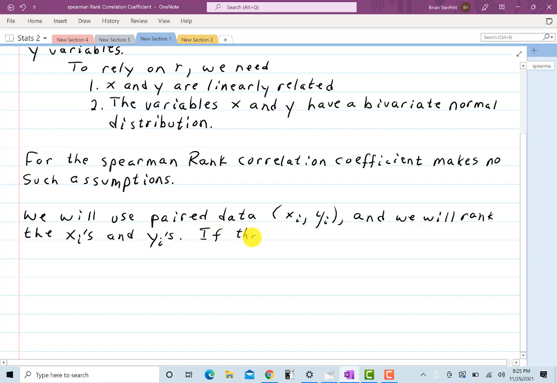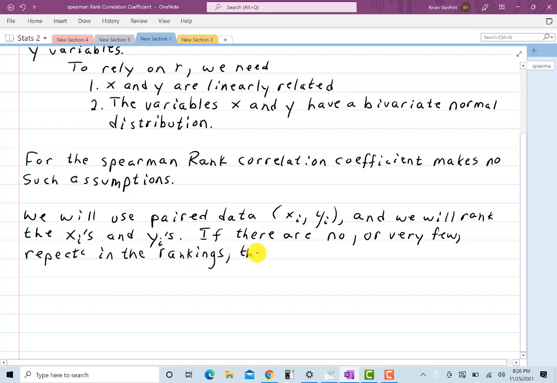If there are no or very few repeats in the rankings, then we use the test statistic.